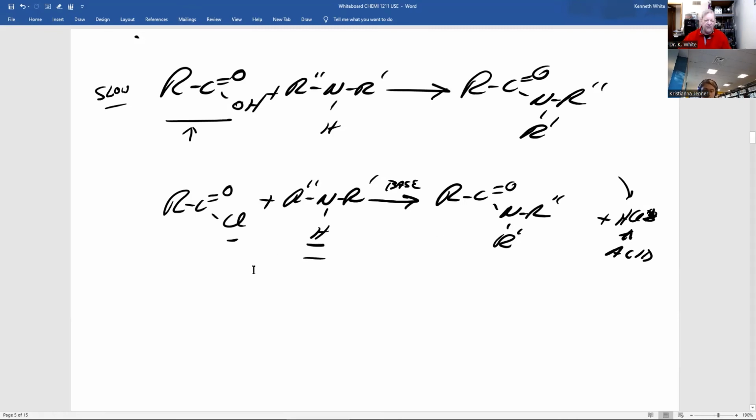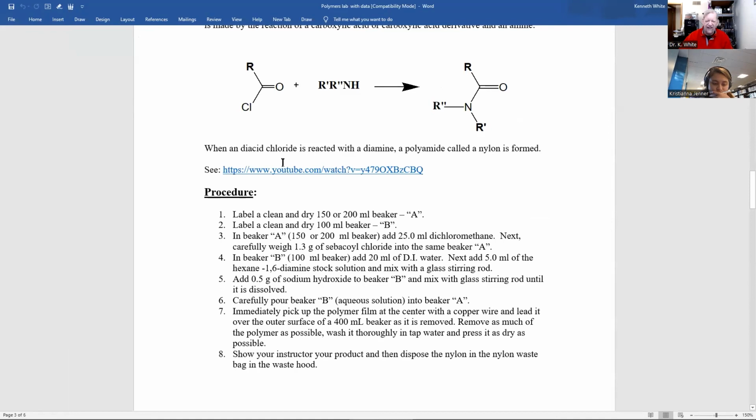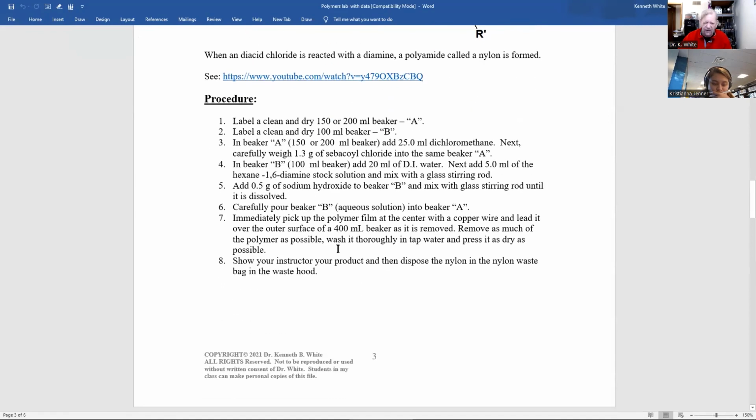Now, for a polymer, we use a diacid chloride, 2 of these in a molecule, and a diamine. And for this one, we'll use the diacid chloride and diamine. And I'm going to show you in a little while, but in one beaker, you've got to mix this up.